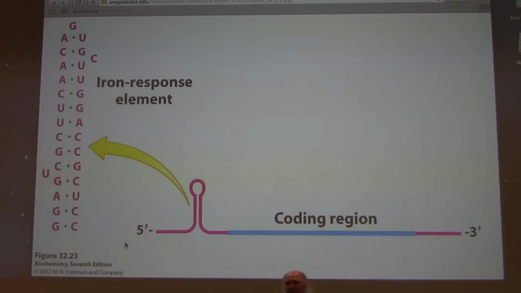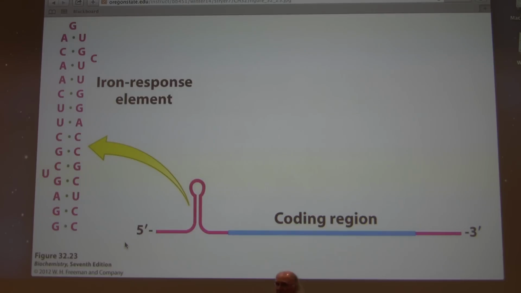Question? Yes? Okay, so that's the other situation. Her question is, what happens if iron is present or abundant? Well, if iron is abundant, then IRE-BP will bind to the iron. It will not bind to this structure, and translation will occur.